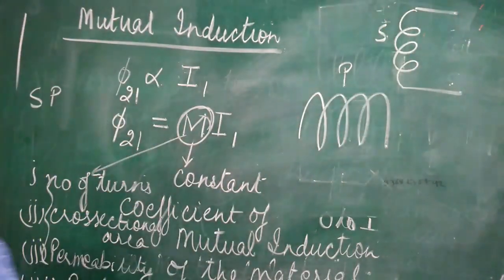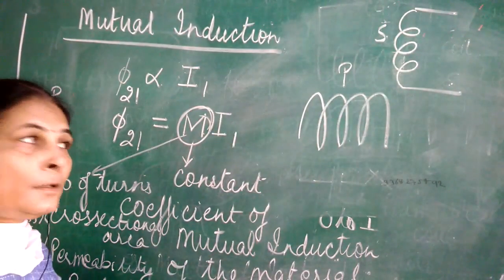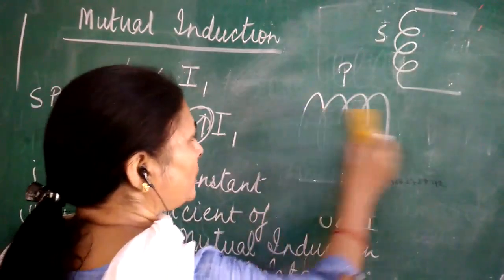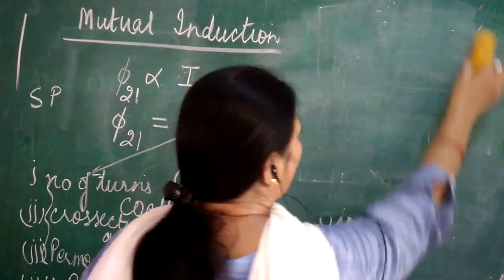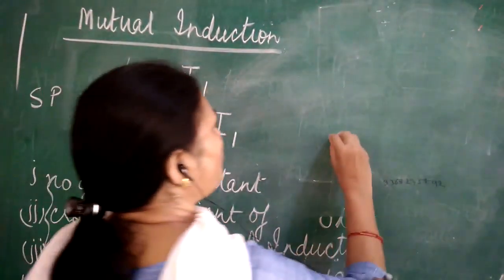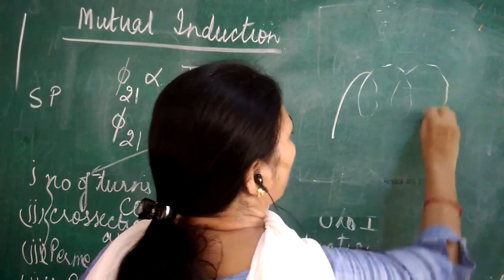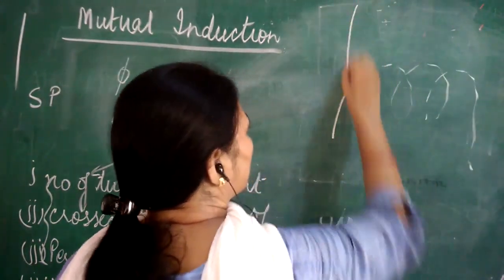So in either of the cases, the induced EMF will become different, and you can say that the maximum induced current will be in the case when one coil is wound over the other like this.